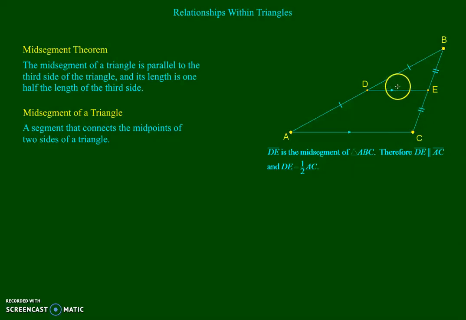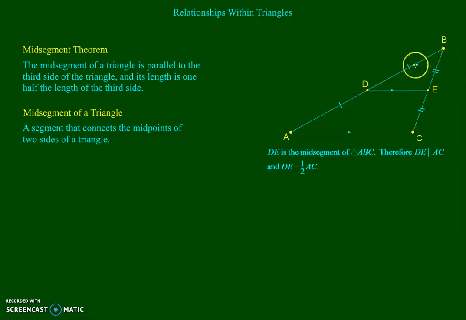And so you can see then that since this angle is congruent, and DB is proportional to AB, and EB is proportional to BC, that these two triangles, the small one here and the big one, are similar triangles. And their scale factor is going to be a scale factor of 2.